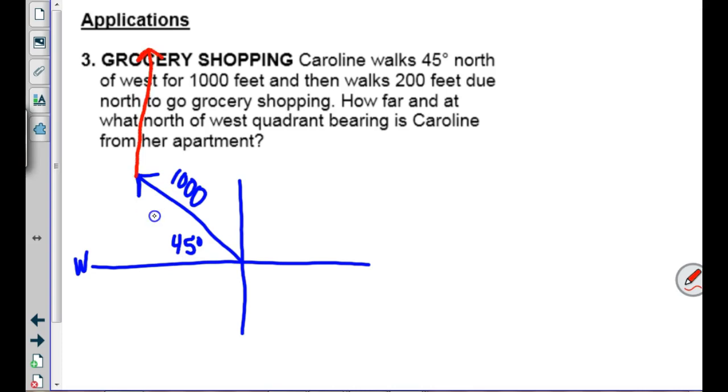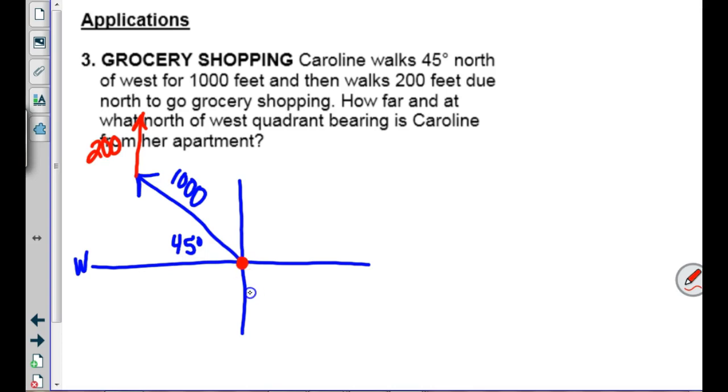We can do them as separate components in a minute, but do you kind of see where she's going to wind up, guys? Well, let me make this a little more to scale. That's 1,000. 200 isn't very much more, right? But she goes 200 feet north. Where is she from her apartment? So her apartment was here from the origin.